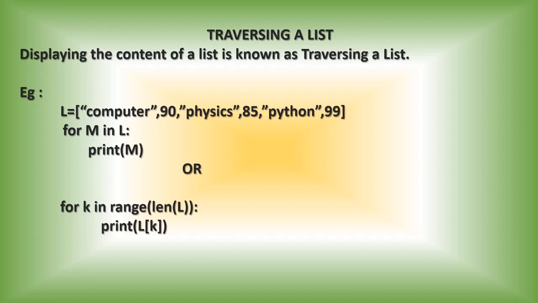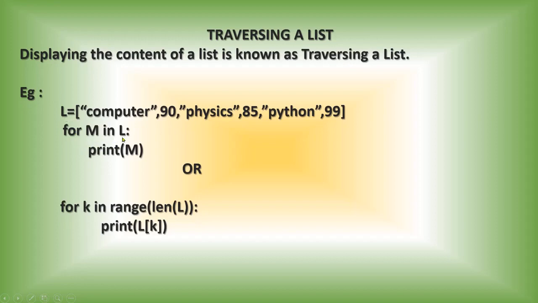See that one example is written over there. In the first example, for M in L, we studied two different forms of for loop. One is the in range for loop and another one is the for-in form. The second form I am using here is for M in L. L is the list already written over there.